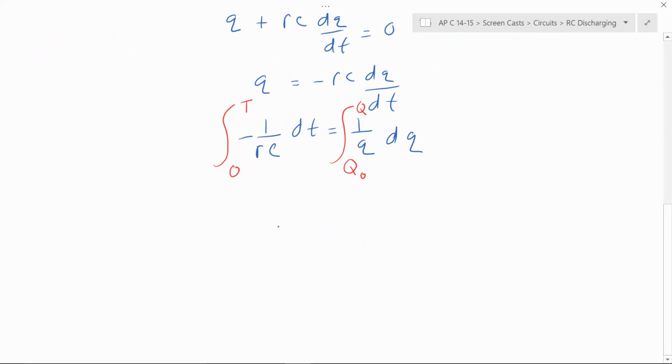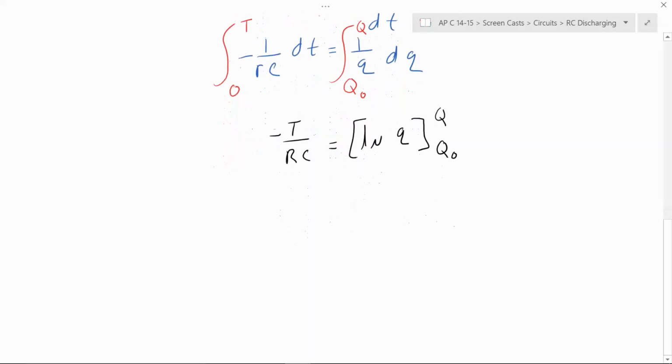the left side, again, is sort of like the easiest integral in the world. Integral of dt is t, t minus 0, t. So minus t over RC equals, and again, the integral of 1 over q is like 1 over x. The integral of 1 over x is ln of x. So here we have ln of q, and we're evaluating it from q naught to q.